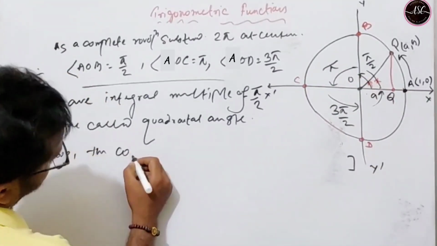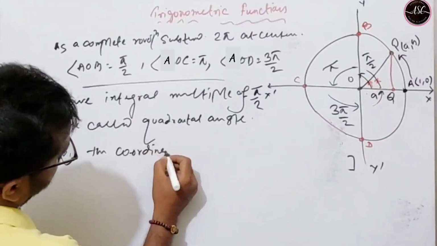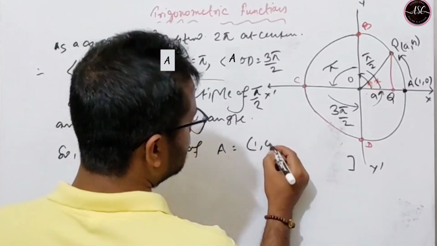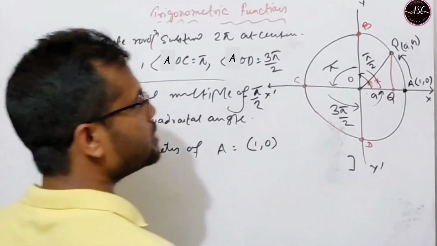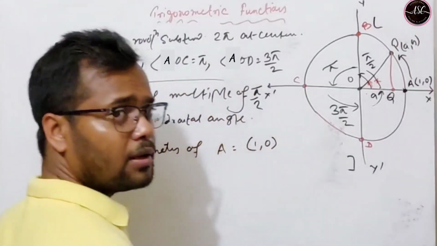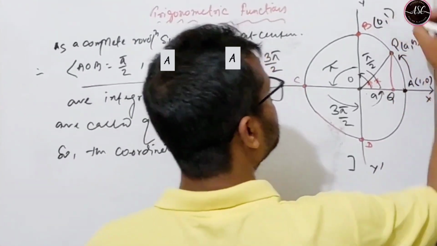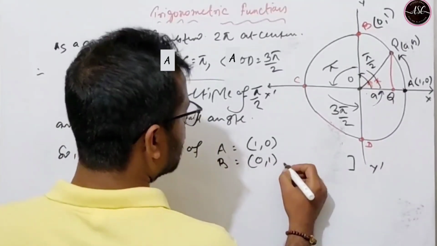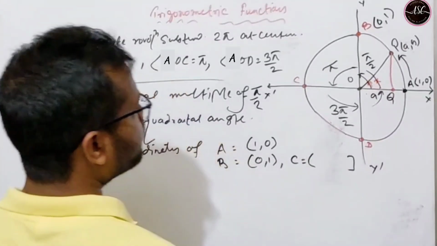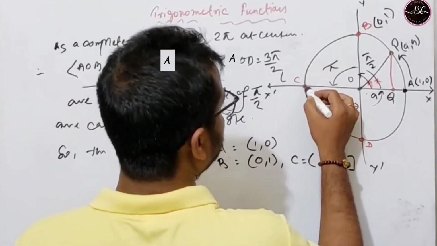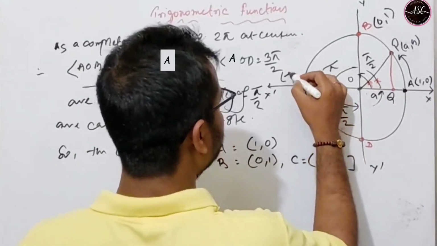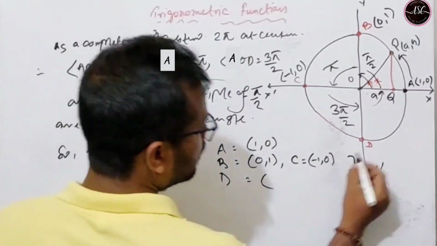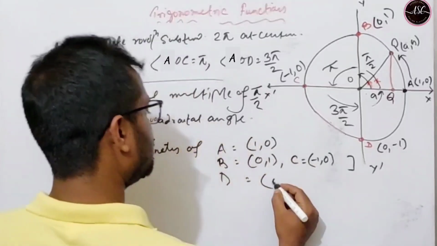The coordinates of A we have seen are (1, 0), and the coordinate of B will be (0, 1), and the coordinate of C will be here, where the value of x equal to -1, so (-1, 0), and D will be (0, -1).